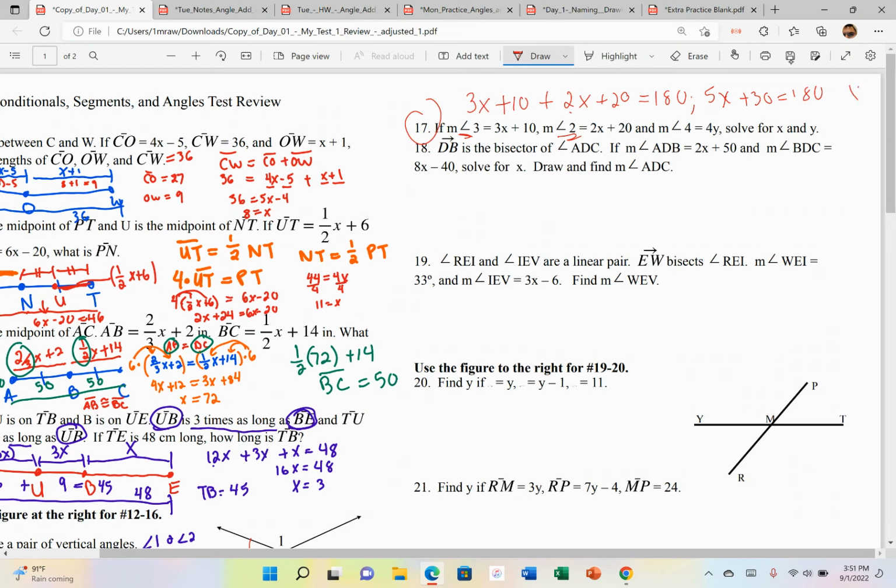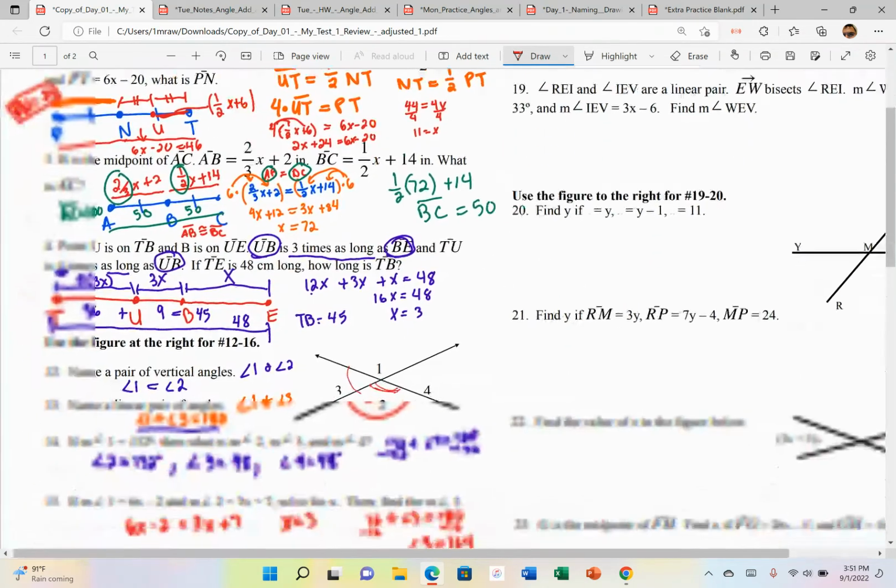Solving for x, it's 30, because minus 30 would be 150, and 150 divided by 5 is 30. So now we know x is 30.